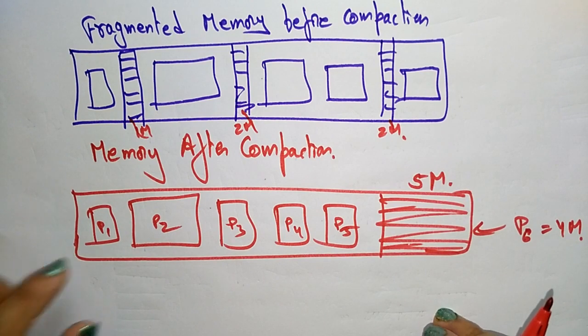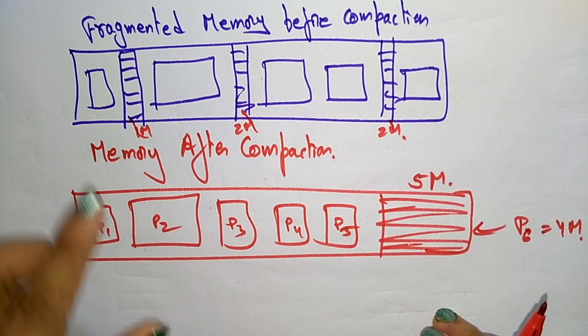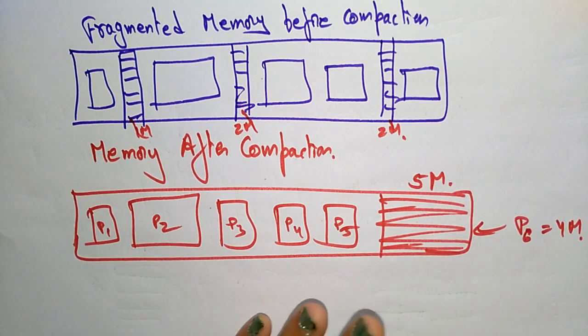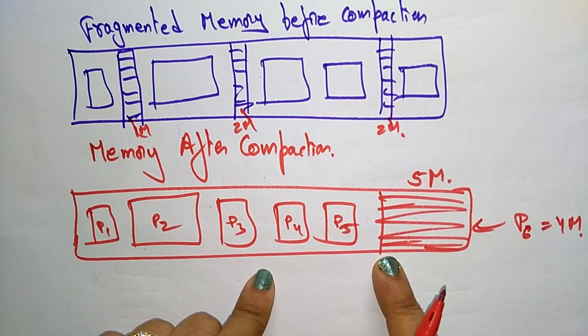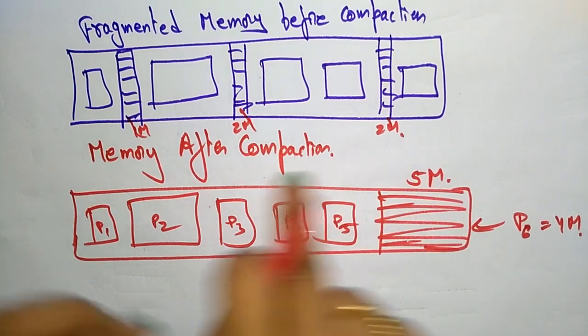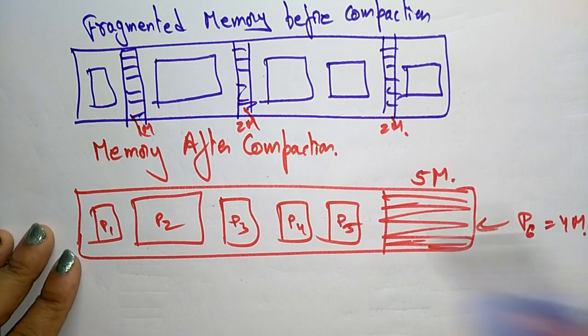External fragmentation can be reduced by compaction, or shuffling free memory together in one large block. So external fragmentation can be reduced with the help of this shuffling. Let me write that point.